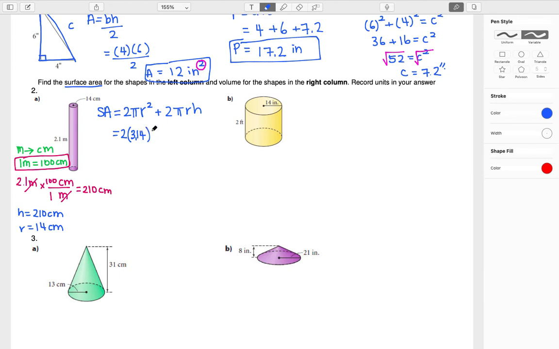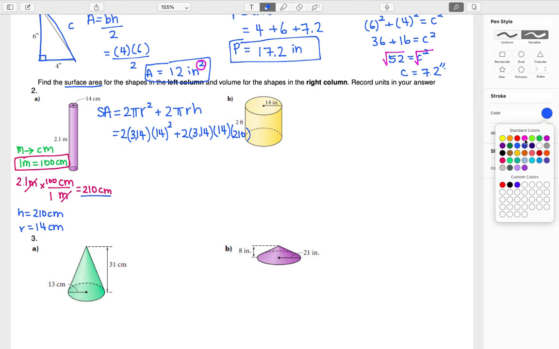Both will work. The radius is 14 squared plus 2 times pi, which is 3.14, times radius, 14, times height, which is 210, the one that we converted. And they're all in centimeter.